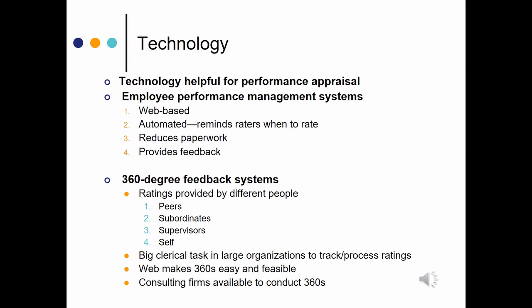There are 2 cases in which we can see technology having an impact on performance appraisal, which are the monitoring of objective productivity and also the performance management system. For the employee performance management system, the example is a web-based automated system to remind raters when to rate, which can also reduce paperwork and provide feedback.